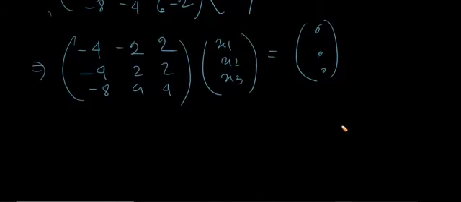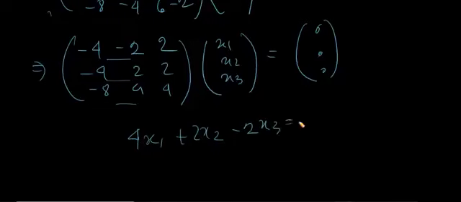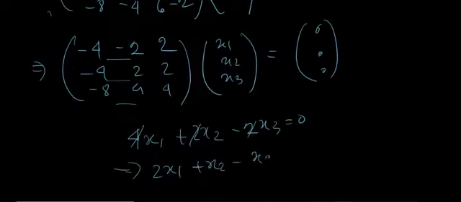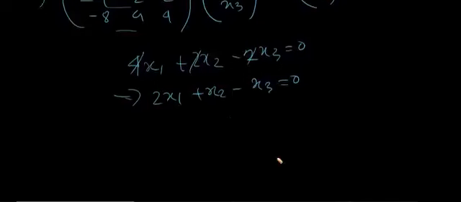So you can see that these 3 rows will give us only one equation. Let's write one of them. That will be, let's say, 4x1 plus 2x2 minus 2x3 equals 0. Obviously you can divide this by 2 and you will end up with 2x1 plus x2 minus x3 equals 0. So there is only one equation, and we have 3 variables, so that means there are 2 free variables.